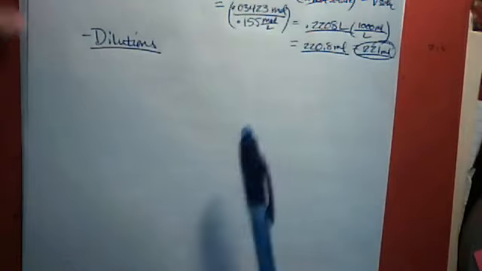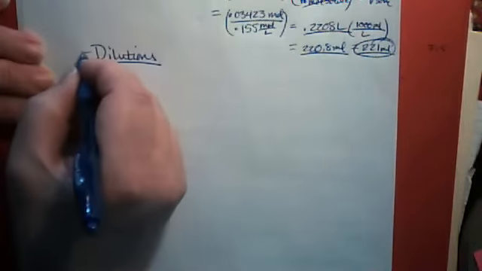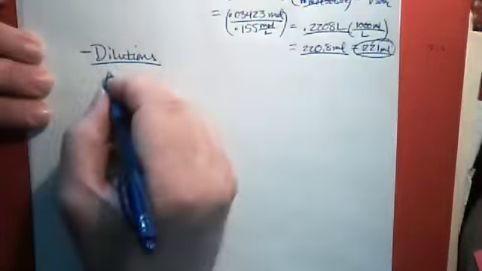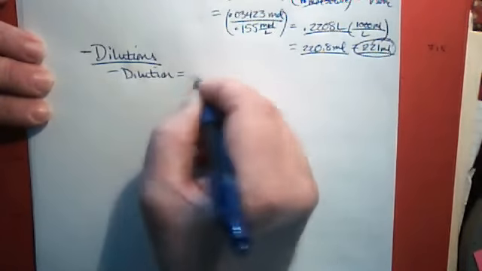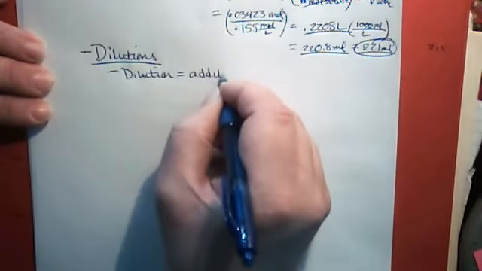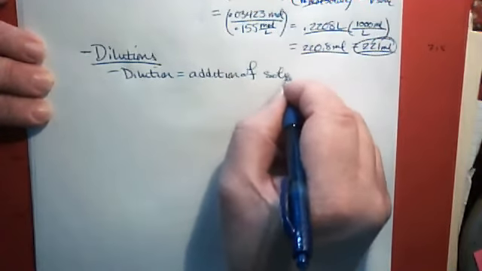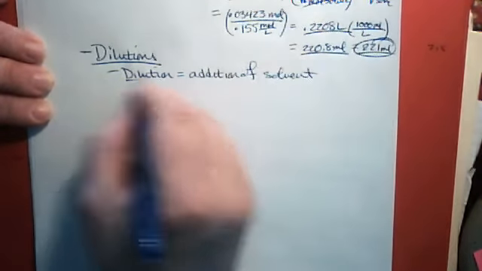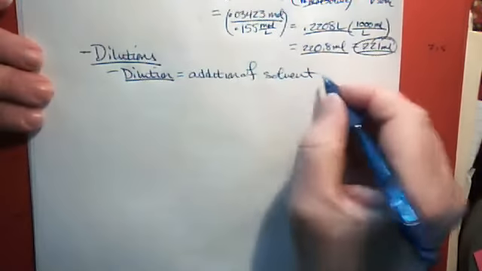Apart from making and reacting solutions, one other thing you can do with solutions is dilute them. Dilution is addition of solvent to a solution.